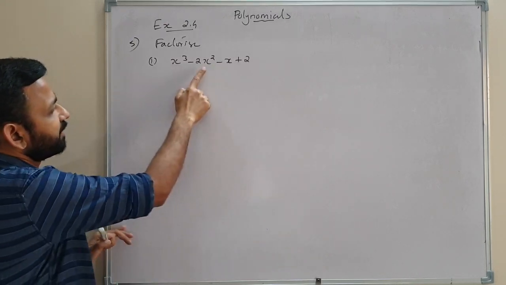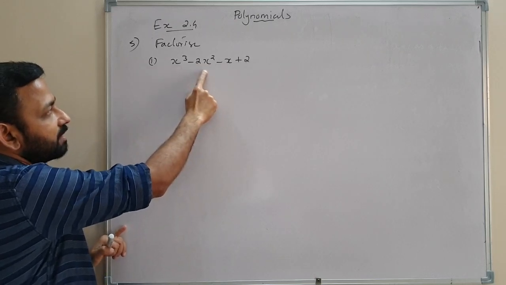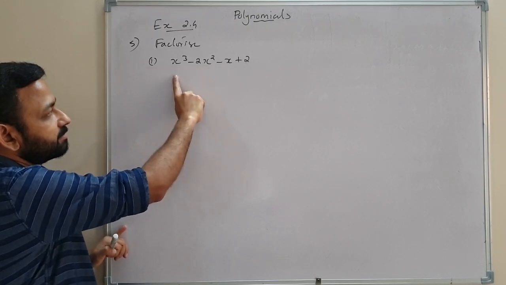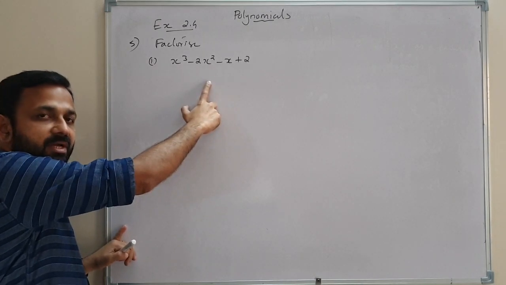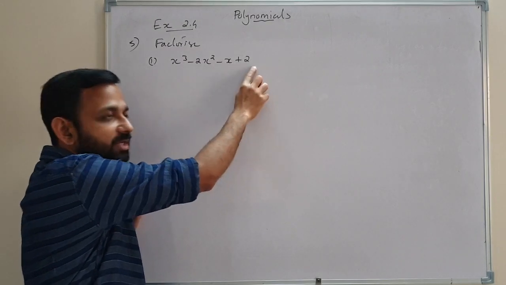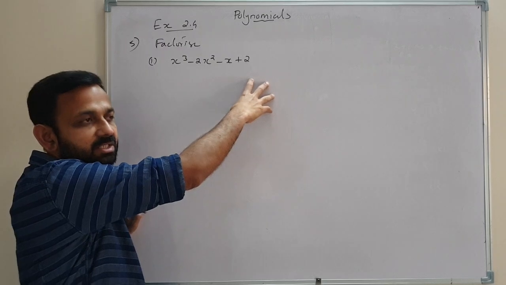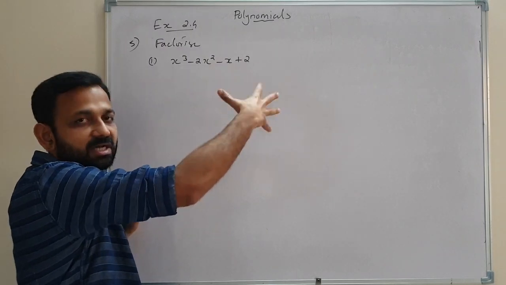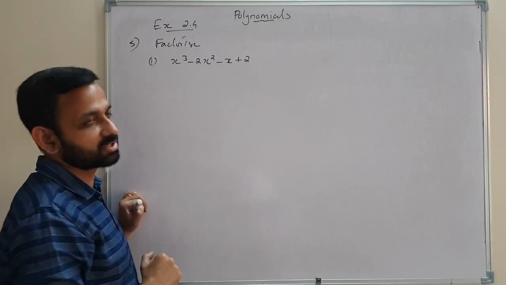When we take x square outside from the first two terms, we will get x minus 2 inside the bracket. And if you take minus 1 outside from the next two terms, we will get x minus 2 inside the bracket. So the terms inside the brackets are the same.